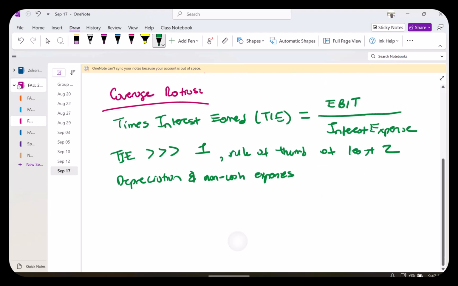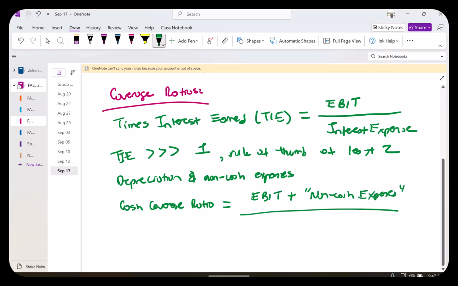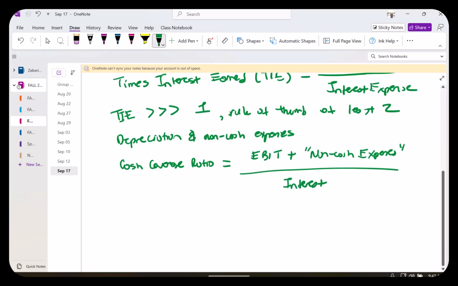The ratio we're going to use for that is called cash coverage ratio, and that's going to be EBIT plus, I'm going to generically call it non-cash expenses, divided by interest.